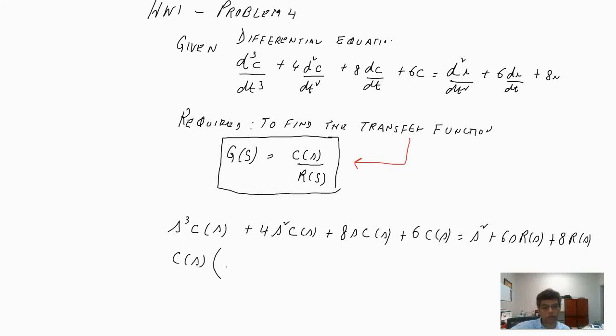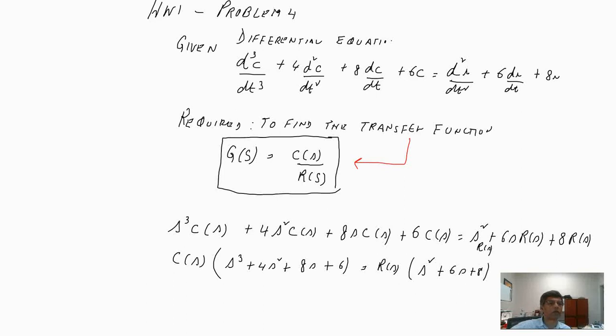Inside you are going to have s cubed plus 4s squared plus 8s. Don't forget that 6, so there's a 6 in there too. On the right hand side, I forgot to put that R(s) in there. So on the right hand side, you are going to have R(s) times s squared plus 6s plus 8.